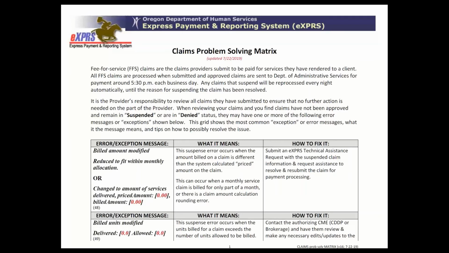So the more information you can provide when you submit a technical assistance request, the easier it's going to be for us to help you get that resolved as quickly as possible. So these matrices may help explain what's going on, so when you do need to ask for help, you're armed with information to help that process along as quickly as possible.